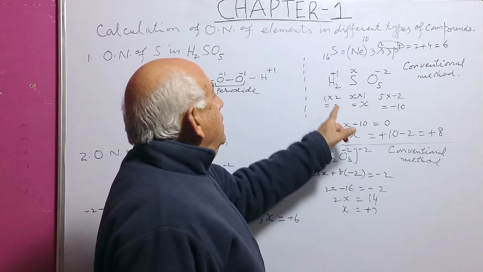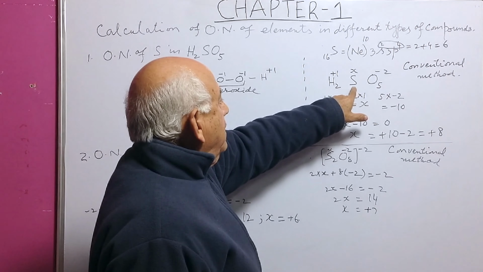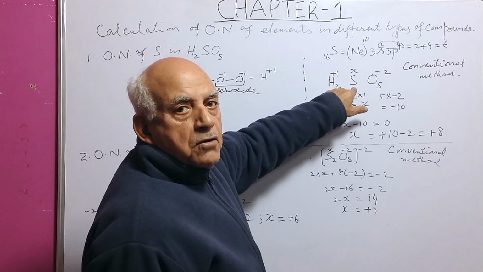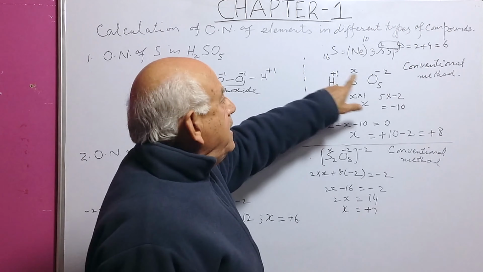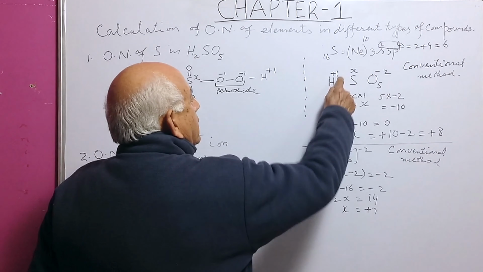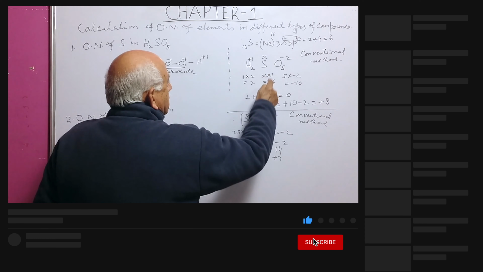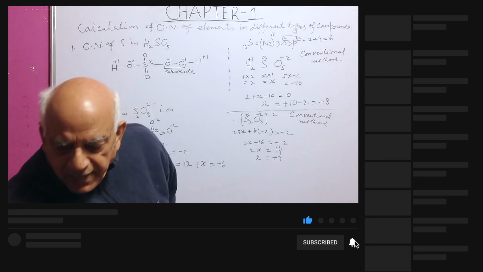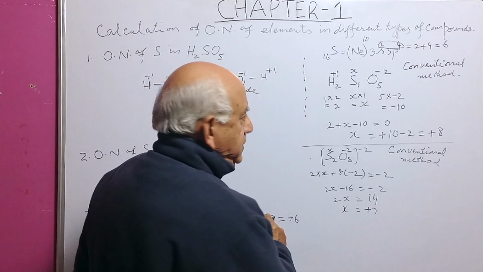H2SO5, if we write X for the unknown oxidation number of sulfur, then writing oxidation number of other elements at their tops, we have 1 into 2 is equal to 2, X into 1, that is number of atoms of sulfur in this case is 1, which we usually do not write.